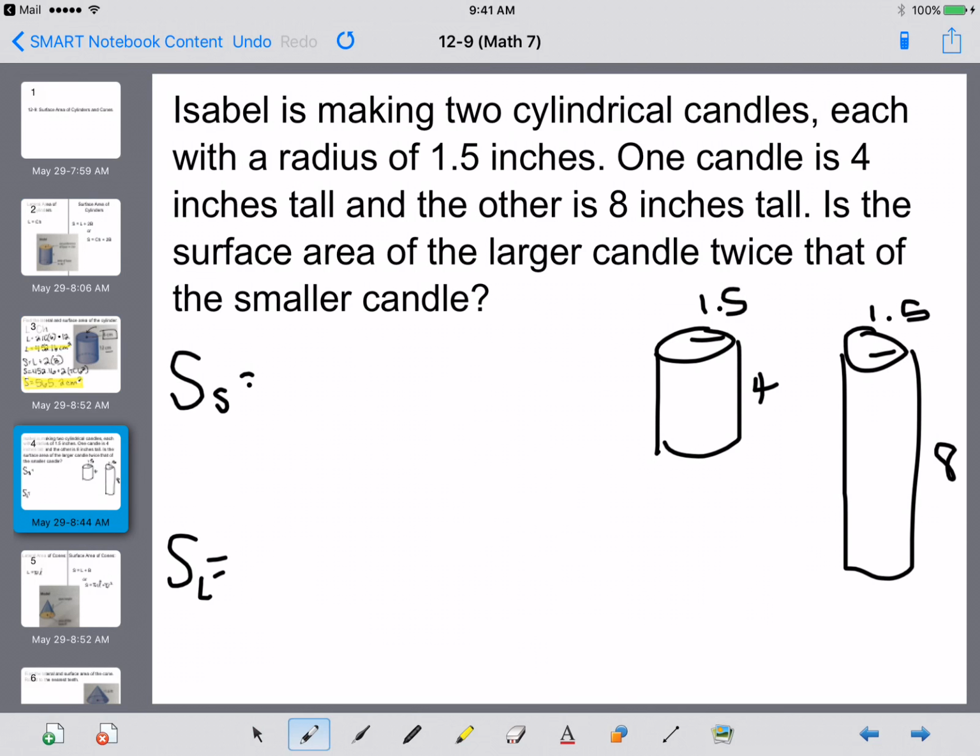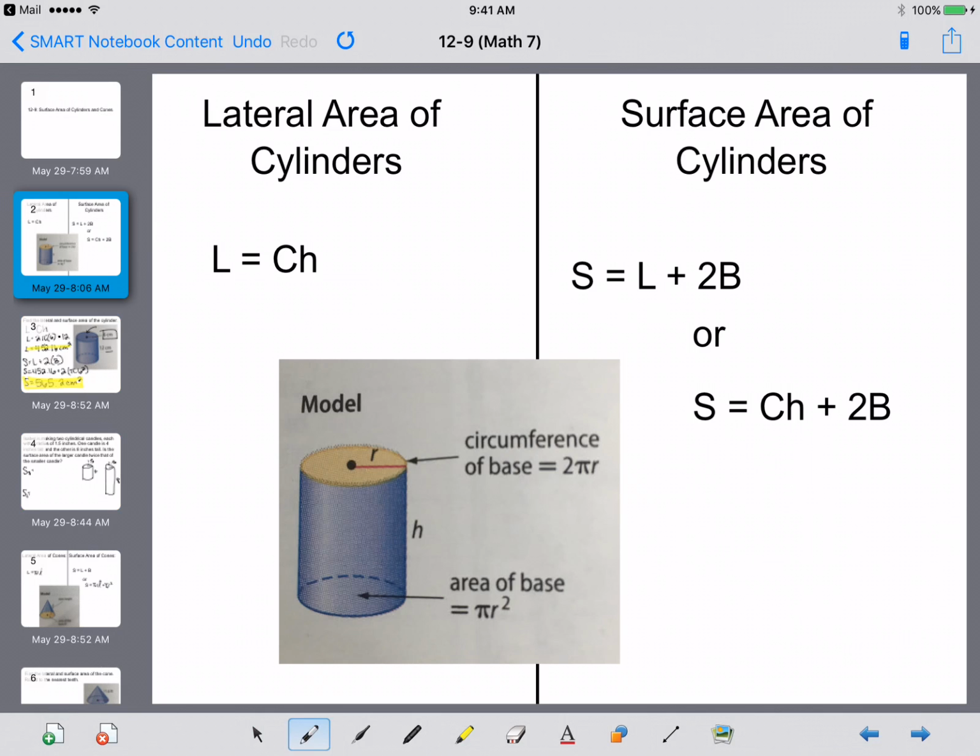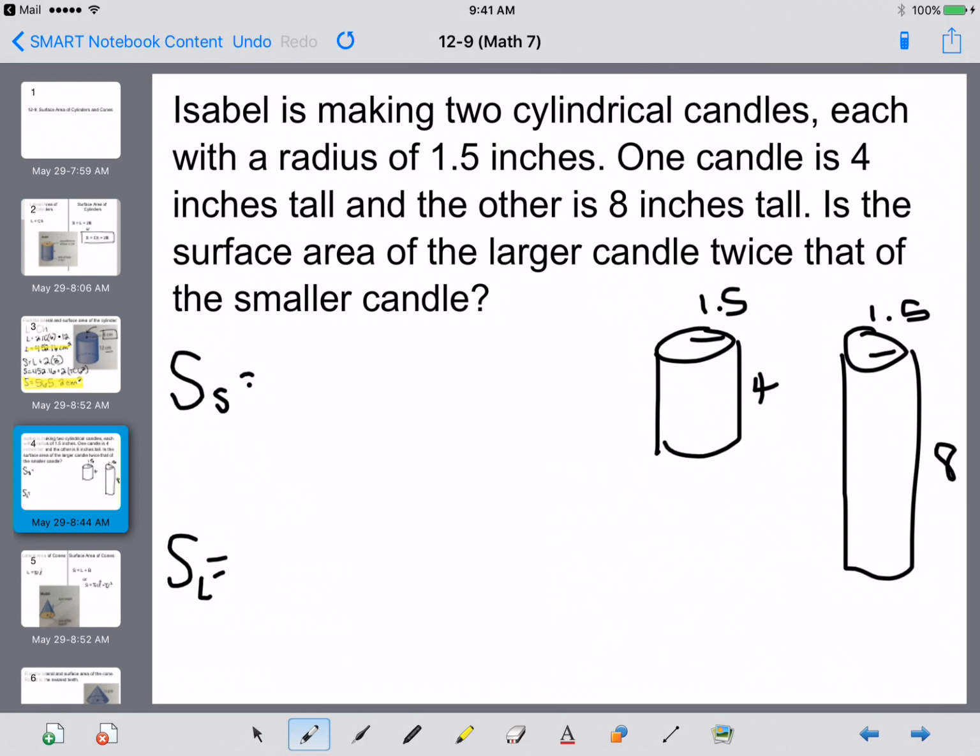I'm going to go ahead and just use this equation right here so I can skip a step. So our circumference times our height plus 2 times our base. The circumference of both of them is 2 times our radius of 1.5 times pi, which is 3.14, so they're both 9.42.